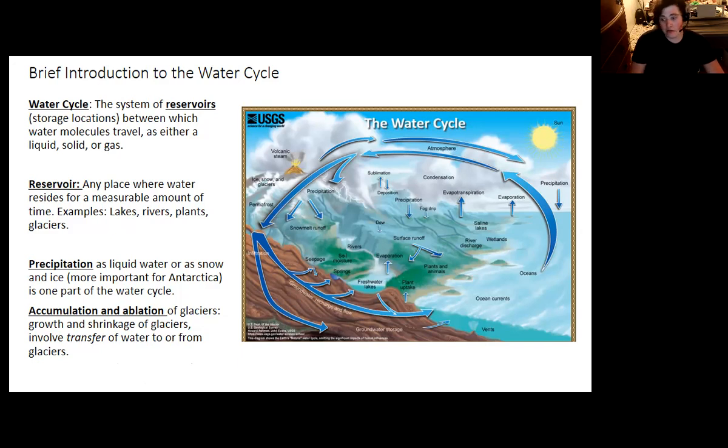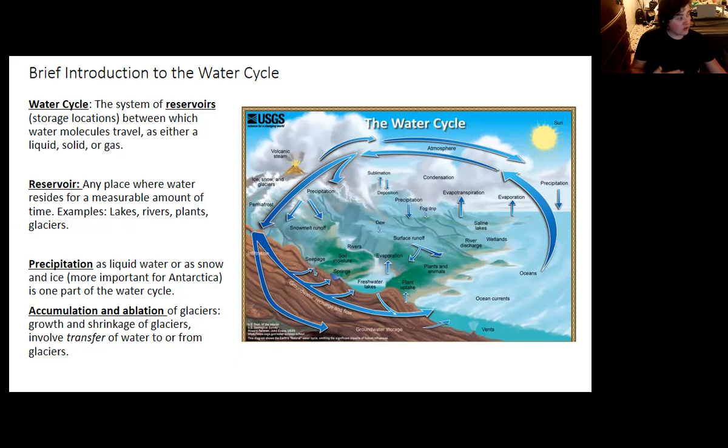And a term I want to introduce, two terms actually, are accumulation and ablation in the context of glaciers. Because when glaciers are getting bigger, like in the zone in the center of the continent where snow is accumulating, well, that's the zone of accumulation. That's where the glaciers are getting bigger. Now, because glaciers flow towards the edges of the continent, they get farther and farther from where the snow is accumulating.